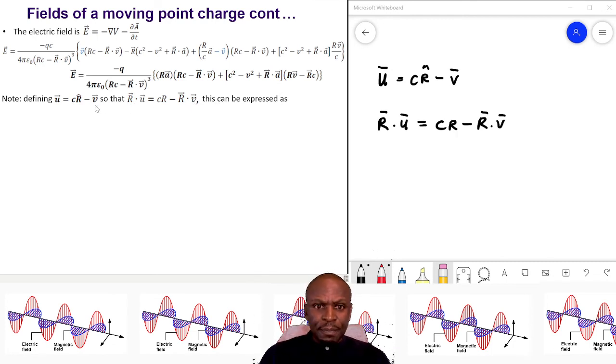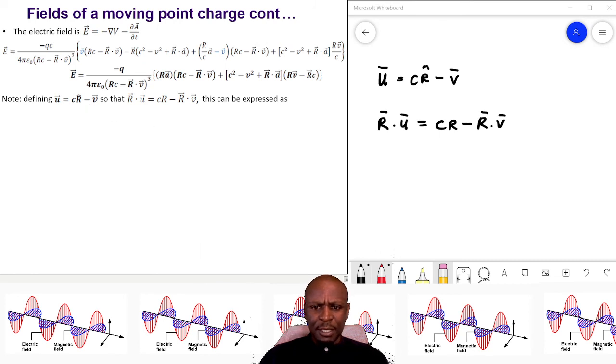But now, what is this R vector? You can actually easily show that this is the case. U is given by this.